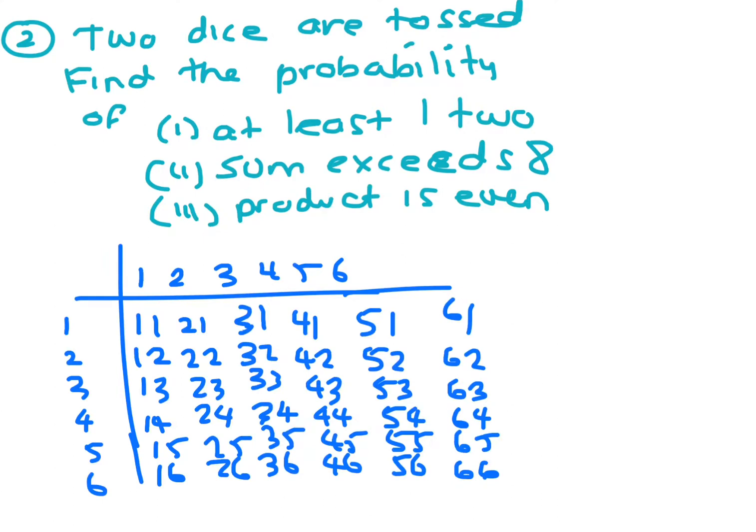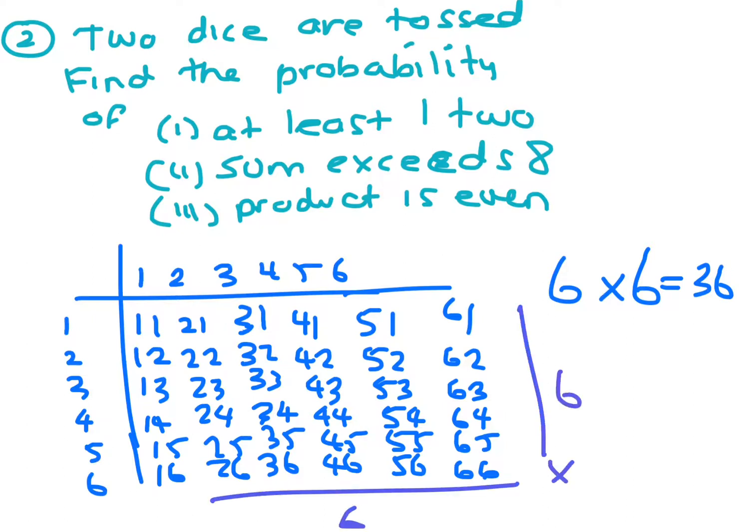So if you look at that, there are 6 on the first one and 6 on the second. So there's actually 36 possibilities. And you can see that from the table. There'd be 6 times 6. Okay, so if we want to get at least a 2, you can tick all the ones that are at least a 2.